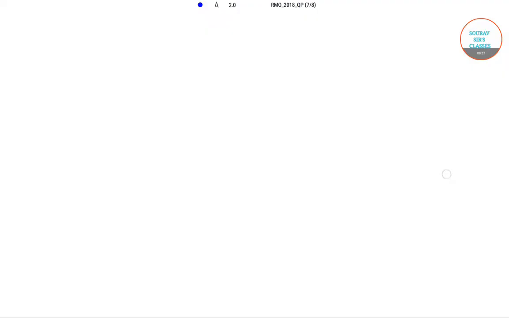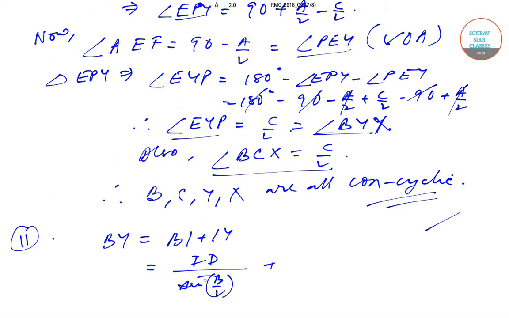So ultimately the structure that we will be getting is ID by sine B by 2 plus IE sine of A by 2 upon sine of C by 2. This is the structure we are getting.